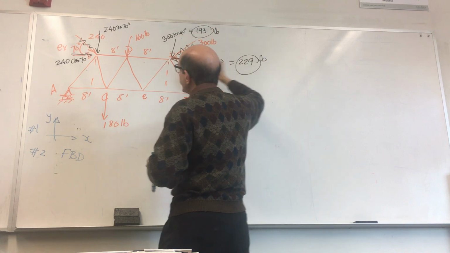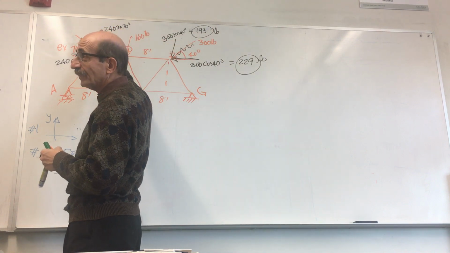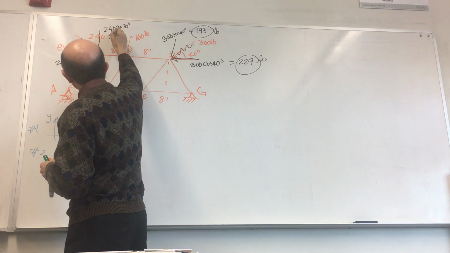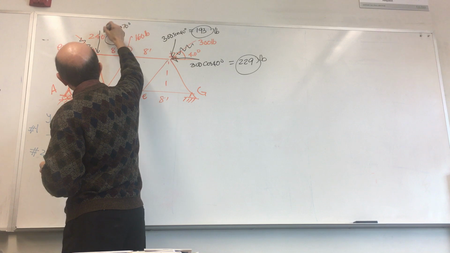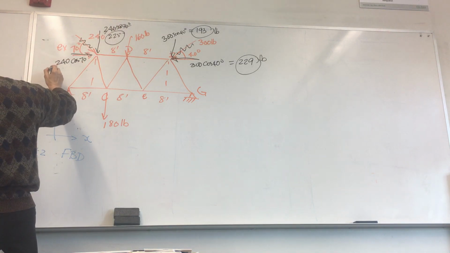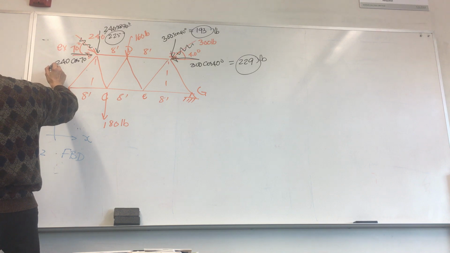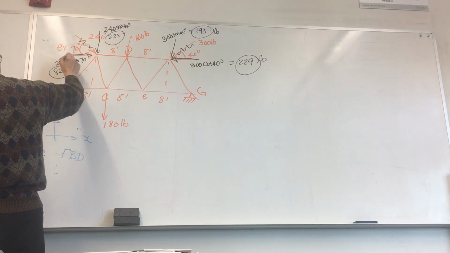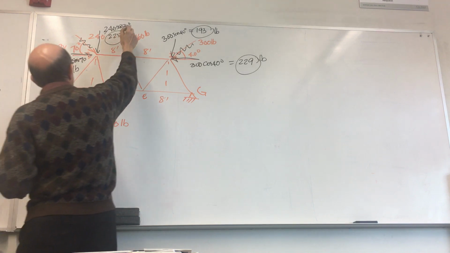Okay. And how about 240 sine 70? 225. Okay. And 240 cosine 70? 82. Terrific.